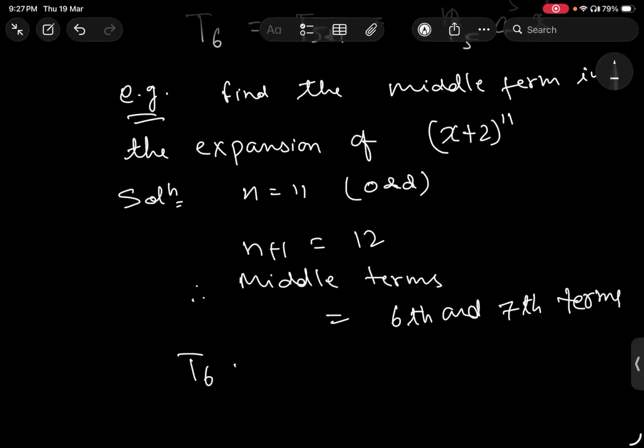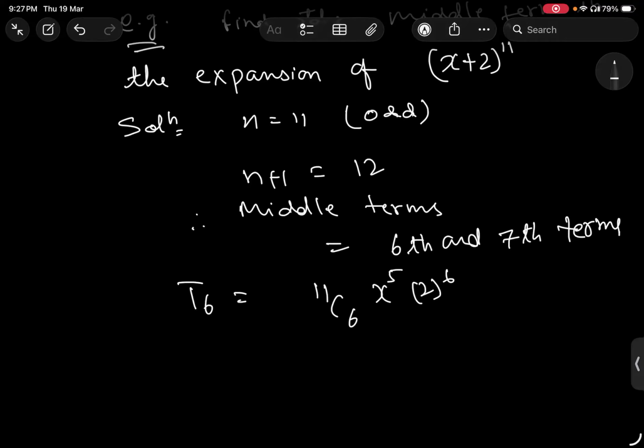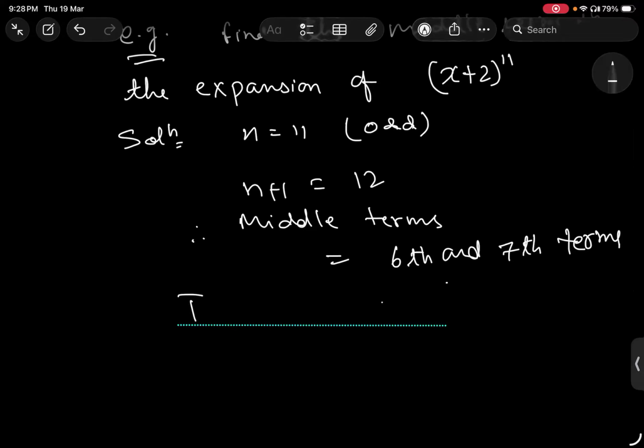So we will find T6. T6 can be written as T5+1, so 11C5, x to the power 11 minus 5, that is 6, and 2 to the power 5.